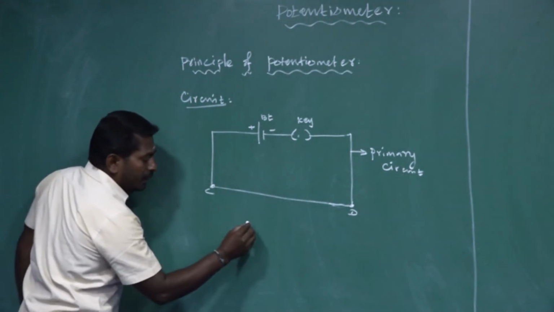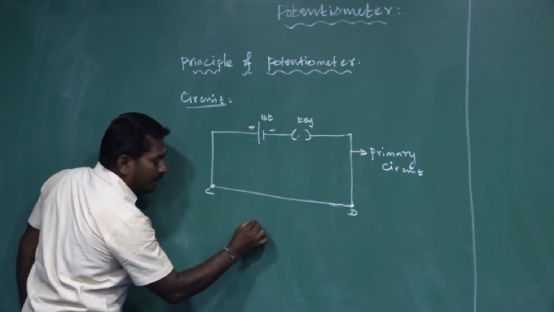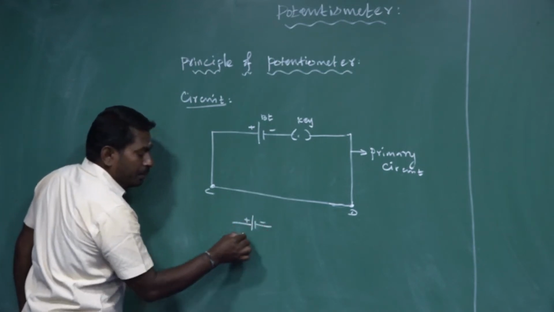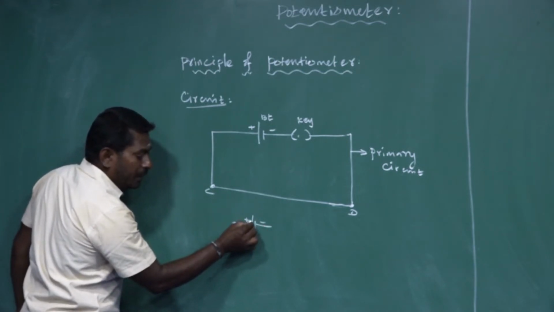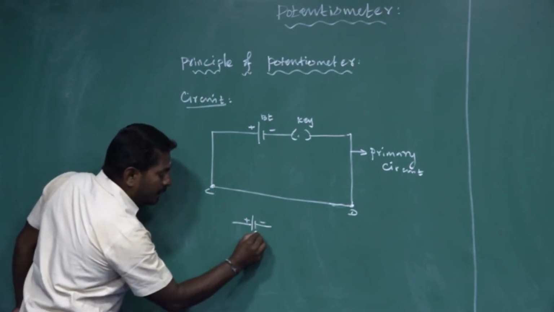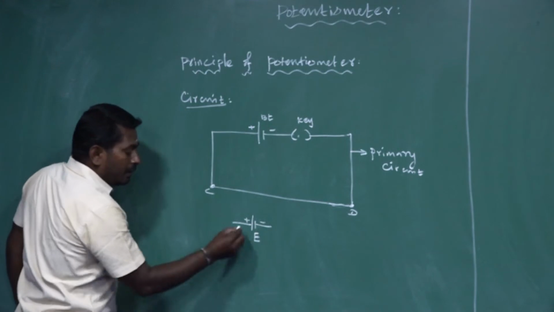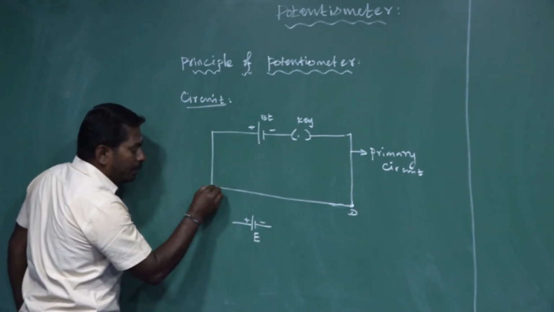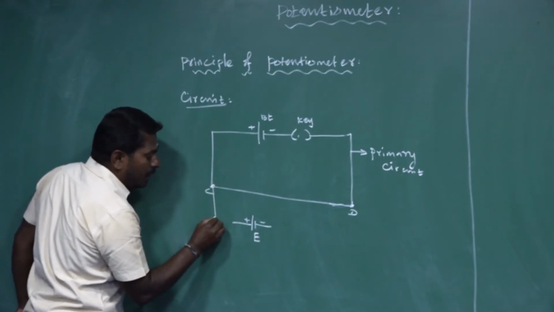Then take one primary cell, with the positive terminal and the negative terminal of the primary cell. The EMF of the cell is E. The positive terminal of the primary cell is connected to the point C on the potentiometer wire.